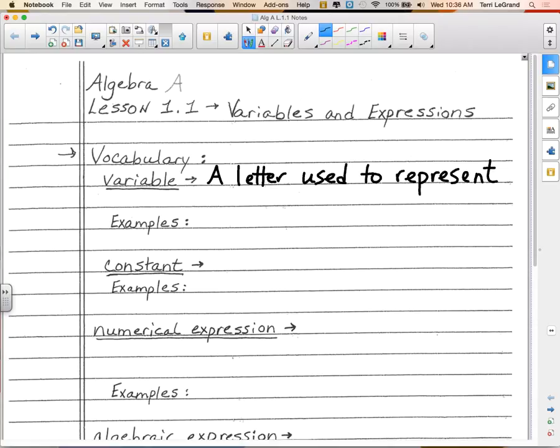A letter used to represent a value that can change. Okay? A letter used to represent a value that can change.